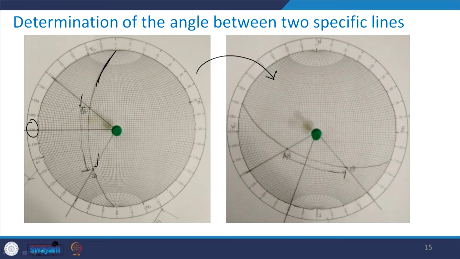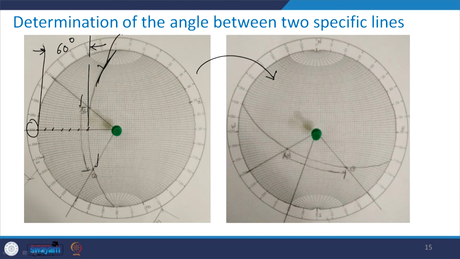So let us do that: 10, 20, 30, 40, 50 and then 60. So this distance, which is 60 degree in this case, is going to give me the dip of this plane.